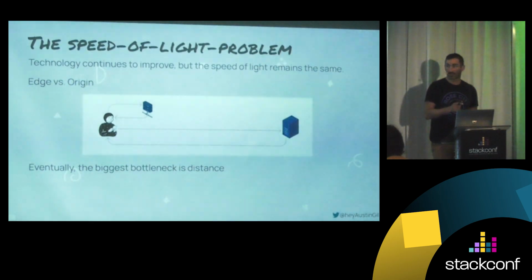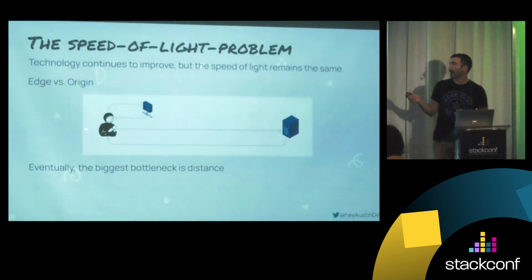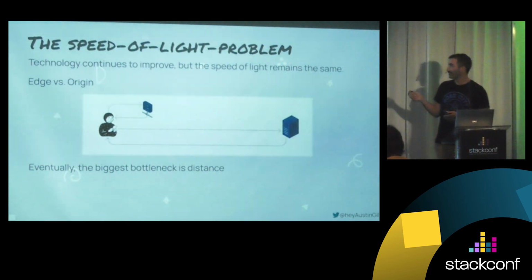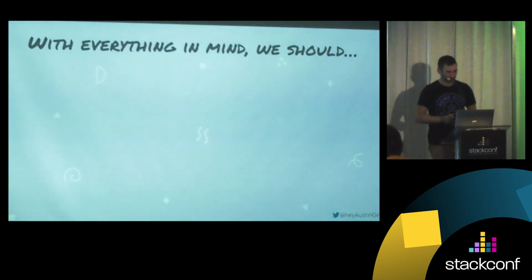So if we have a user that is making a request to an edge node that's very close, that amount of time is going to be much faster than if they have to go a long way. And yes, I use distance as time. It's very clever.